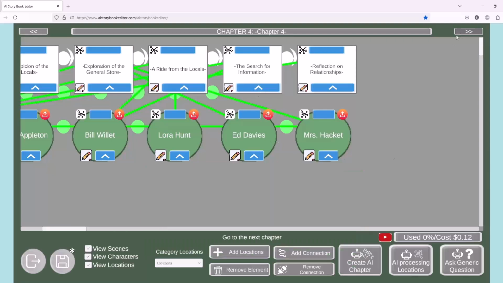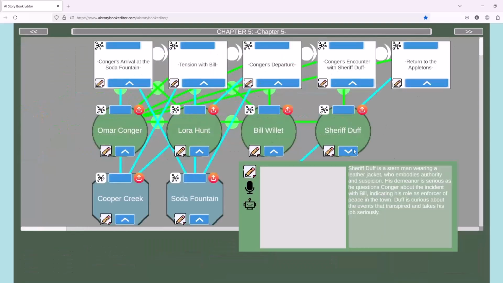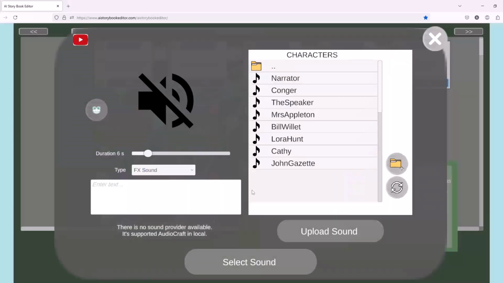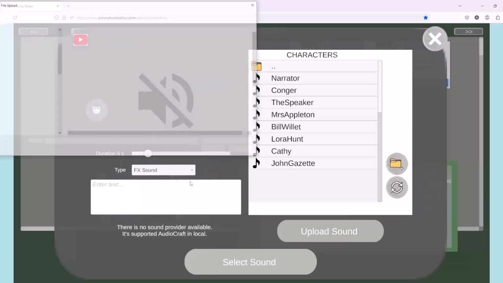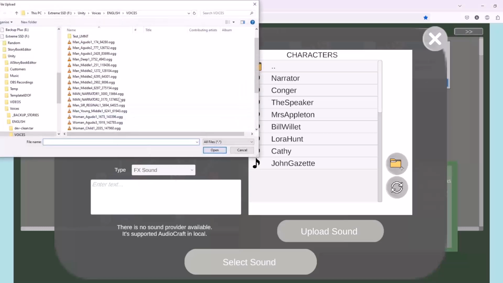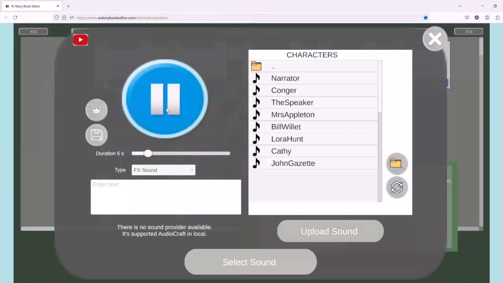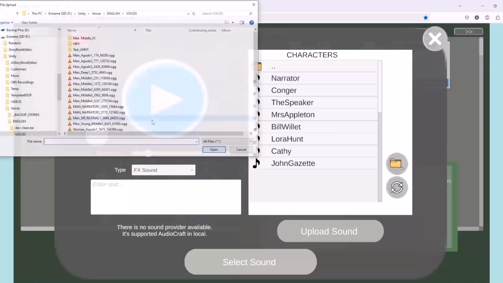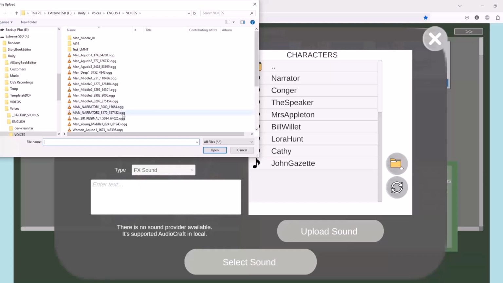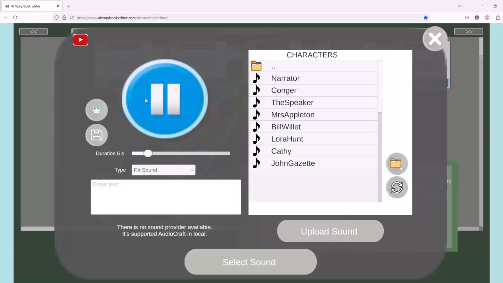Well, first of all, let's go with the sheriff, that even though it only appears in one chapter, he is important. So we are going to go with the sheriff, and let's see this voice. No. Let's try this one.